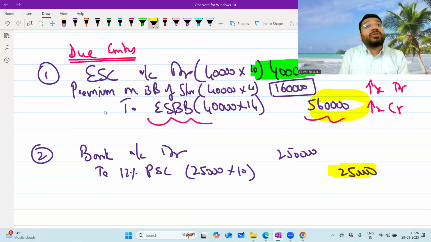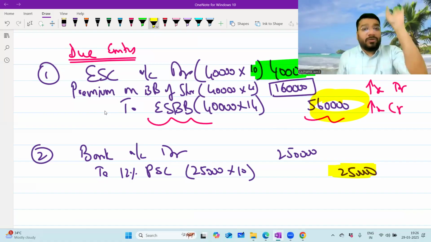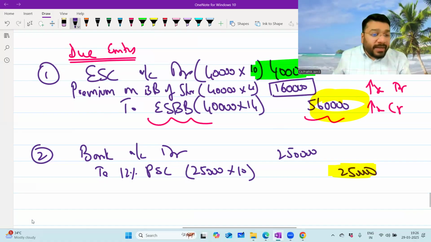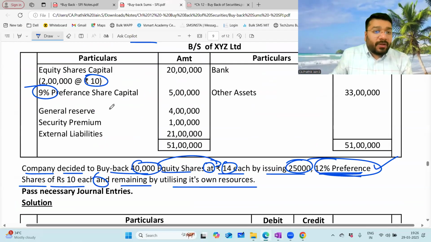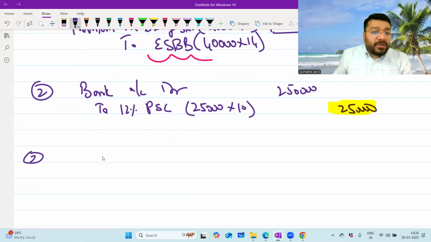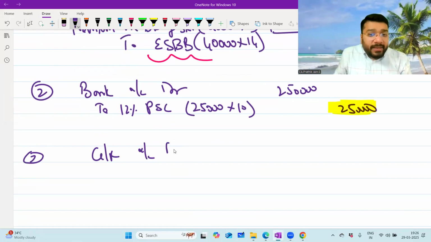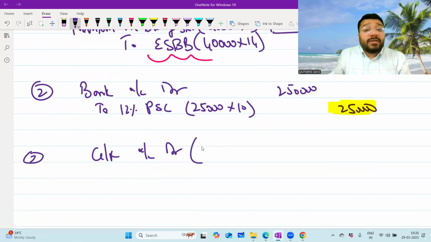As of now in this question, I'm going to use only free reserve and not SPR. But in the exam, you can use SPR also. So my third entry is: general reserve is my free reserve, so general reserve account debit. How much? 4 lakh is the capital to be reinstated.